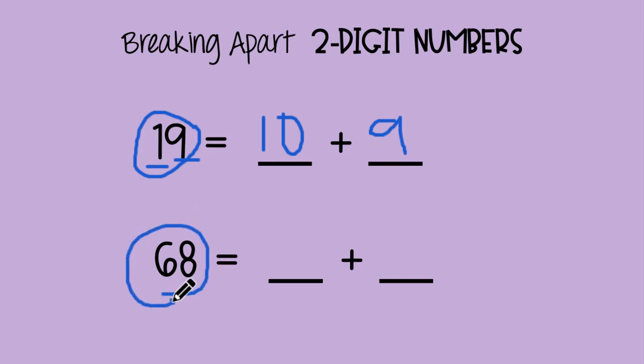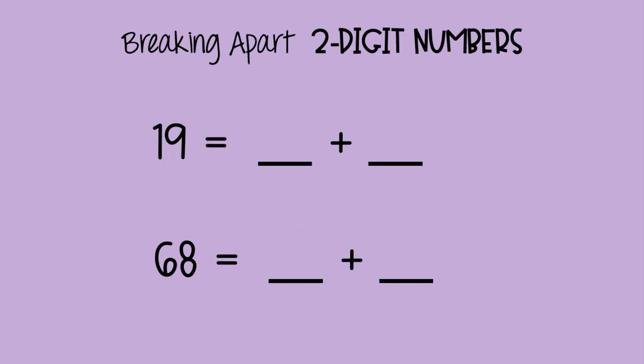Let's look at the number 68. 68 equals 60 plus 8. We already knew that from our place value unit a couple weeks ago. We know there's a 6 in the tens place, which stands for 60, and there's an 8 in the ones place, which stands for 8. So 19 equals 10 plus 9, 68 equals 60 plus 8.